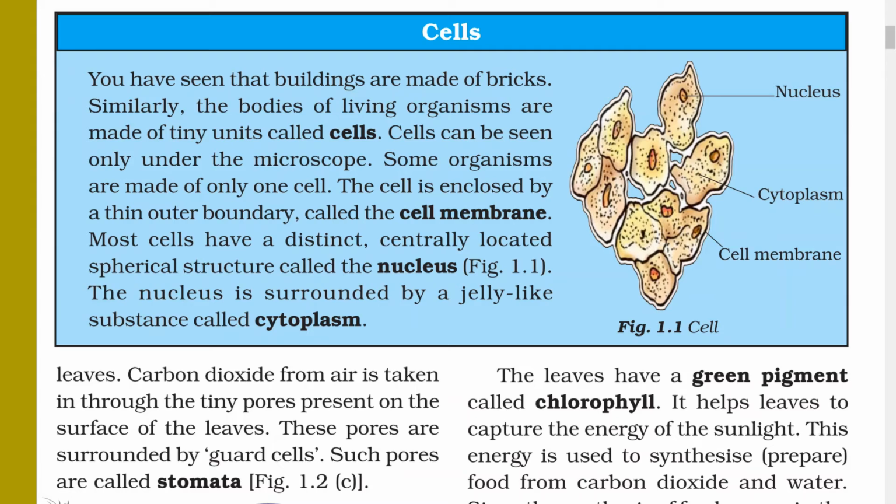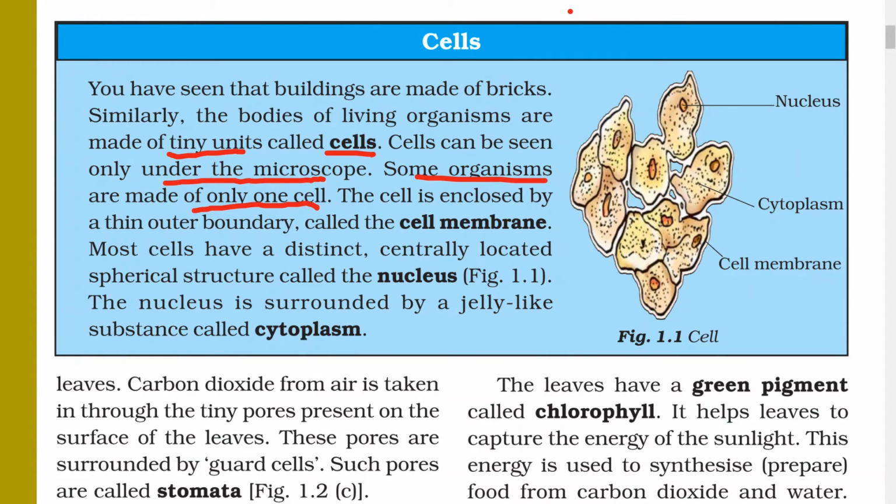Similarly, a living organism is also made of tiny units called cells. These cells are very small and they can be seen only under a microscope. You cannot see them with your naked eye. You need a microscope to see a cell. Some organisms are made up of only one cell.